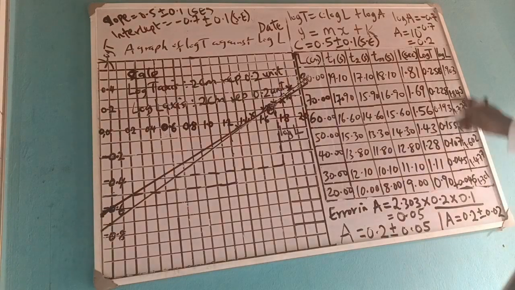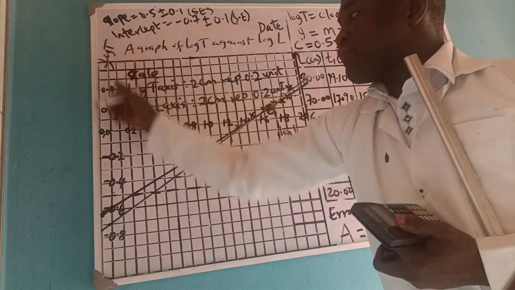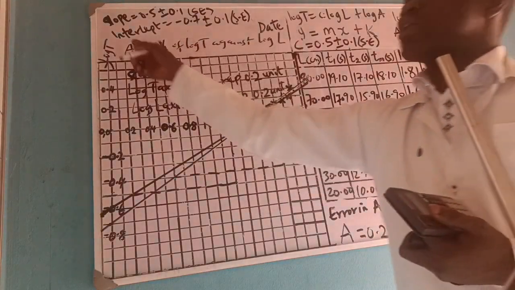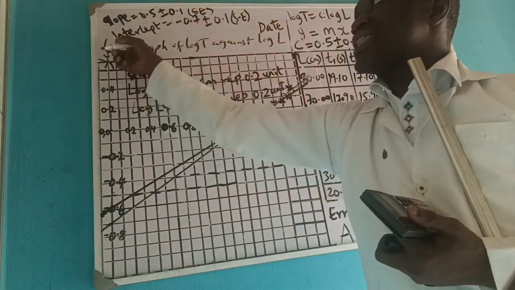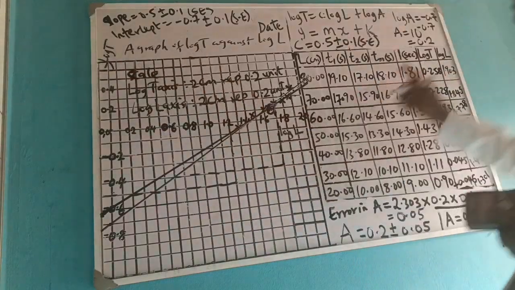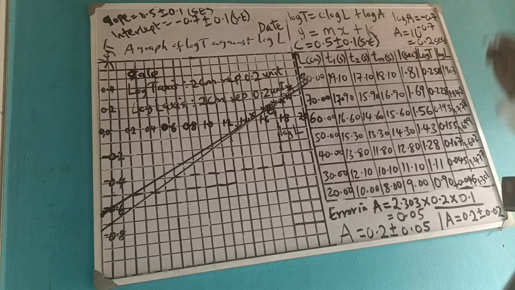Now, this A has a unit. Why? Because where you got it from is log T, and T is in seconds, but log T has no unit. But when you get the value of T by anti-log, it becomes in seconds. So your A is also in seconds. Please don't forget that.